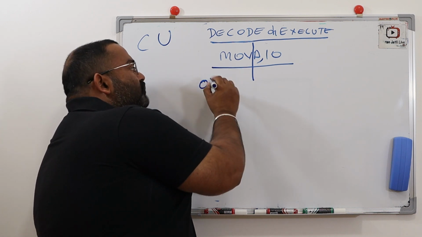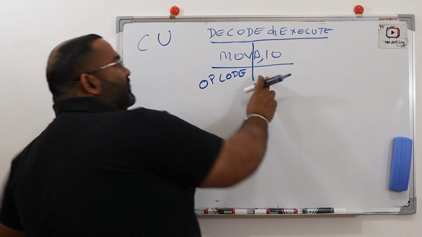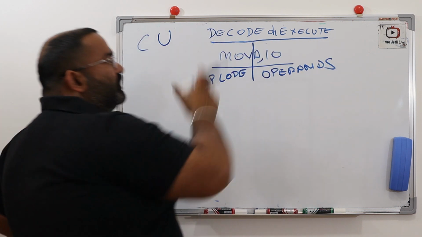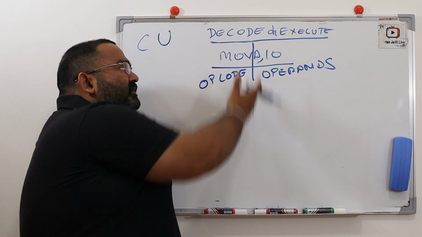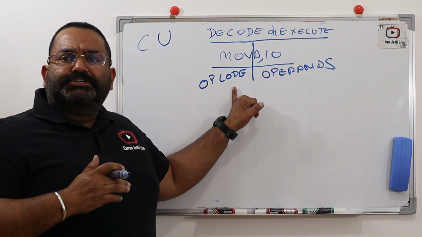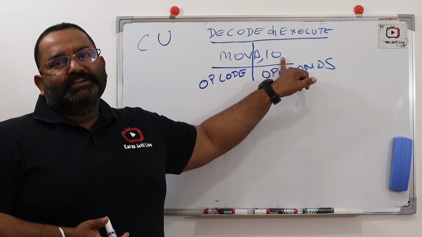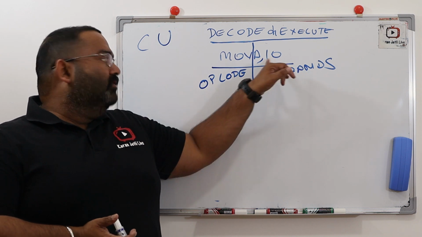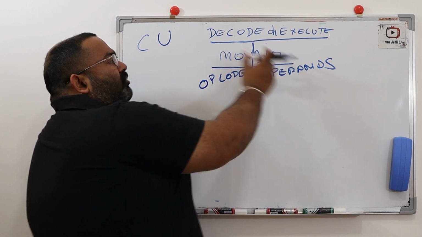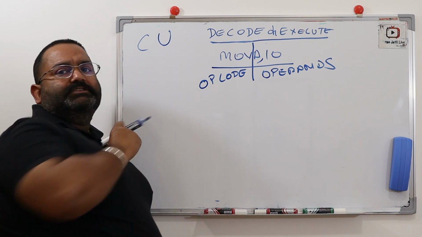The first part is called the opcode, and the second part is called the operand. The opcode tells what type of operation I have to do on the following operands. So Move A, 10 means move the data in the instruction to CPU register A.